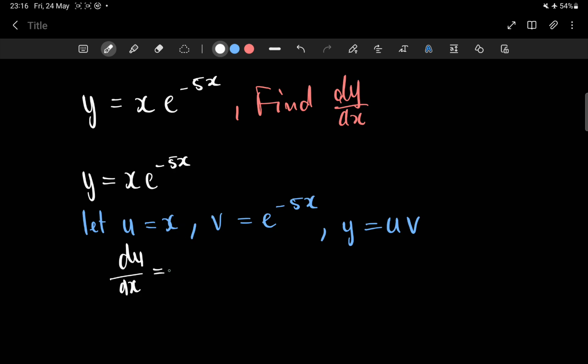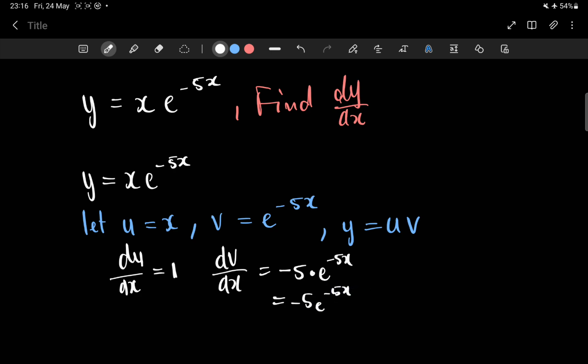If you differentiate x, what do you get? 1. Derivative of x is 1. Then we can find dv dx, it is going to be equal to derivative of e to the negative 5x. We differentiate it. So derivative of negative 5x is negative 5 times, we bring it as it is, e to the negative 5x, which is going to be negative 5 e to the negative 5x.